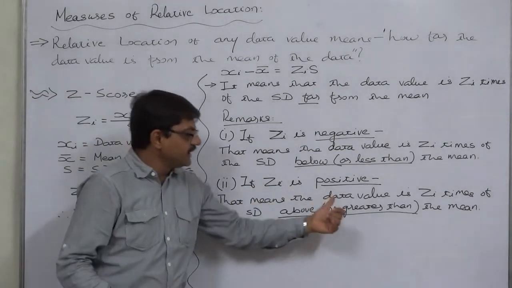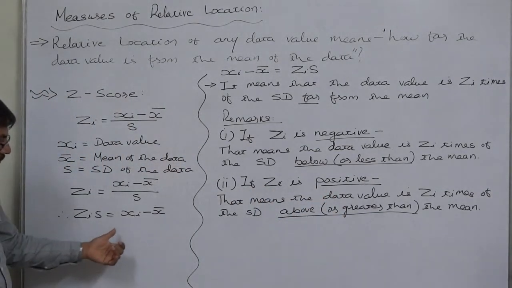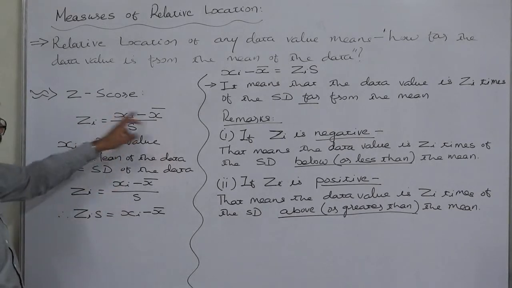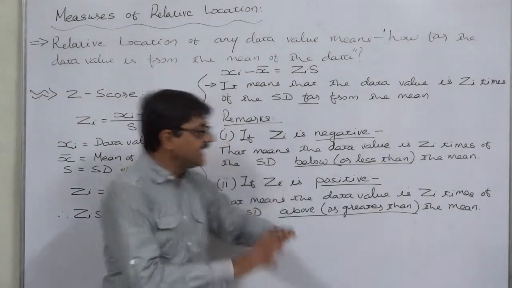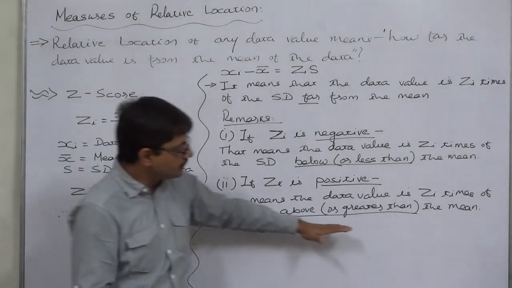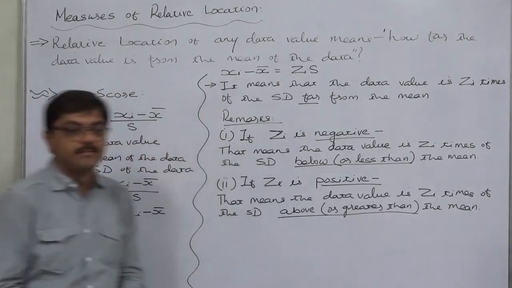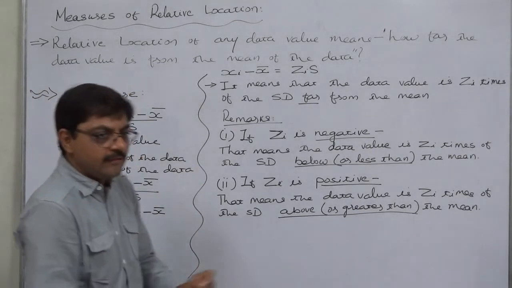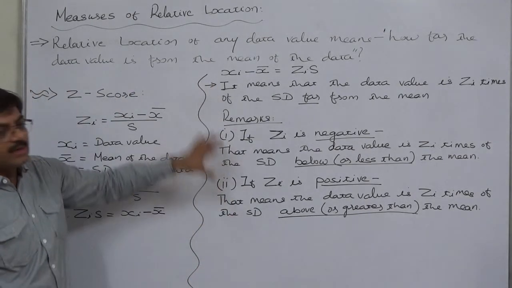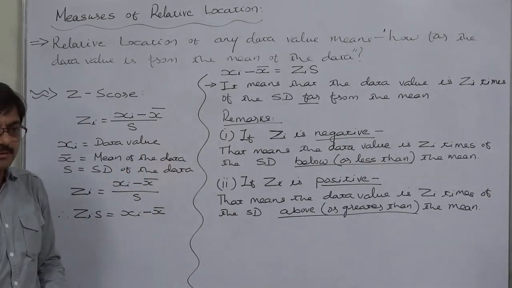Similarly, if the z score is positive, the data value is greater than the mean. That means the data value is z times the standard deviation above the mean. So just by looking at the z score, we can make this type of comment about any particular data value.